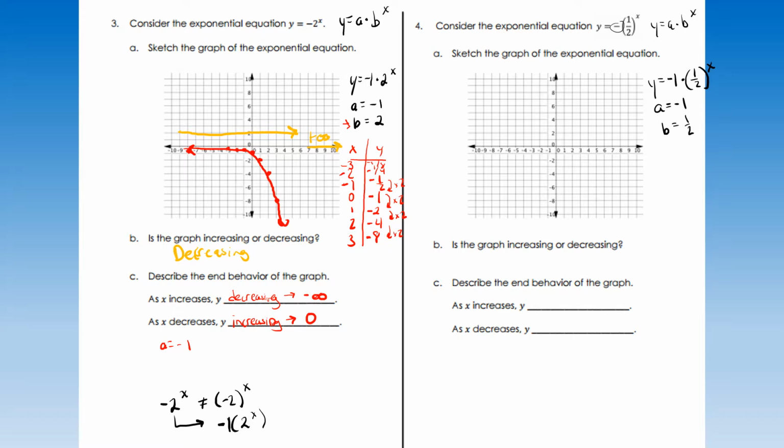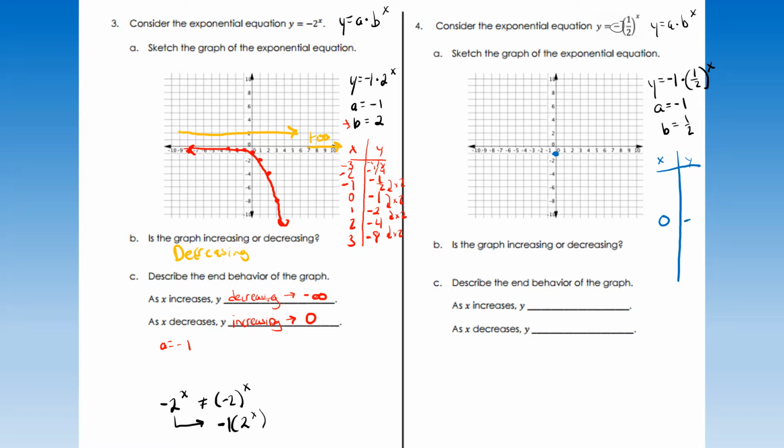Right, so when I go to start my sketch of my graph here, we're going to put our y-intercept down at -1. And now we're going to use a table to help us figure out some of these points. So again, let's put 0 in the middle.